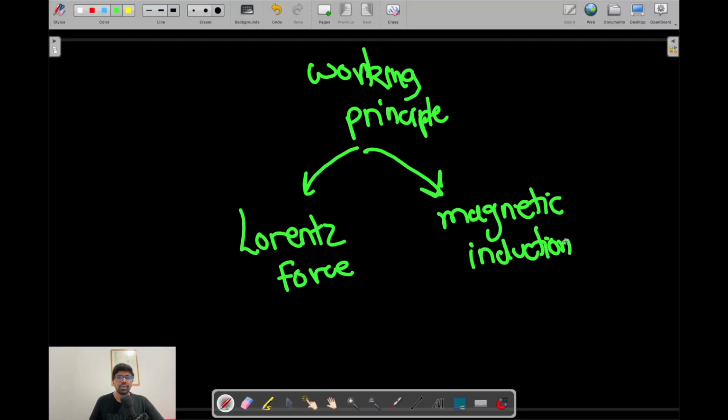We need to understand these two terms because the working principle of a motor is based on these two principles.